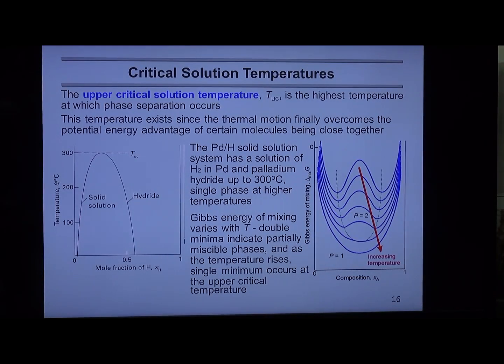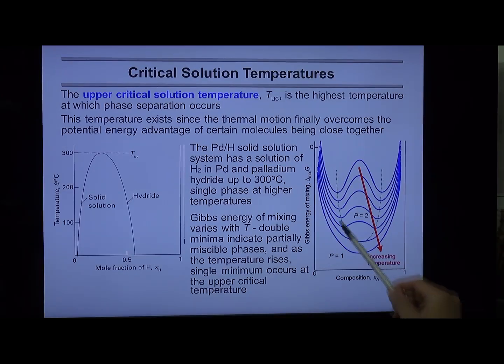When we dealt with the regular solution, you might remember this kind of diagram, which gives the Gibbs energy of mixing as a function of composition. There was a constant psi, and if psi is larger than 2, we encountered two minima of the Gibbs energy of mixing, which means that there is a phase separation.